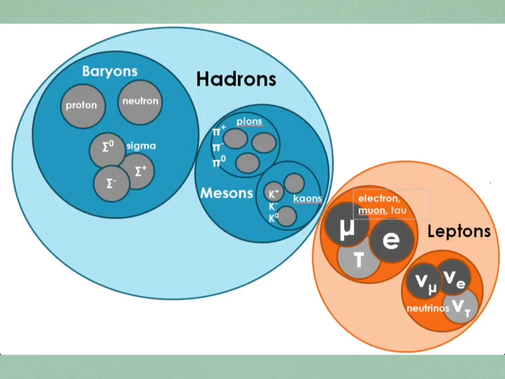We've split all matter into hadrons and leptons. So remember, the hadrons are particles that feel the strong force. Leptons are the ones that don't. Now within that, in the hadrons, we've got baryons and mesons.